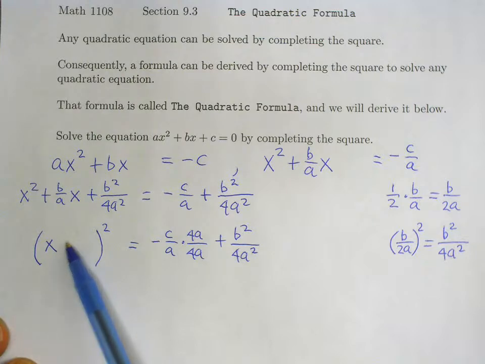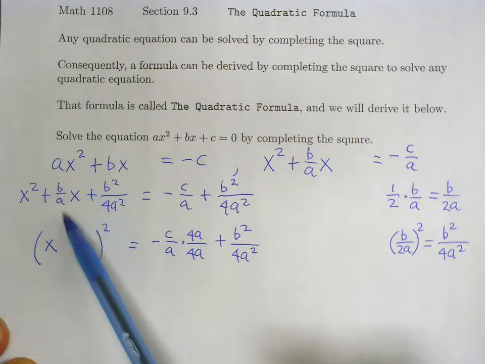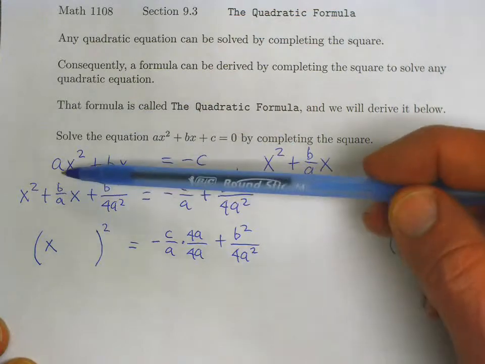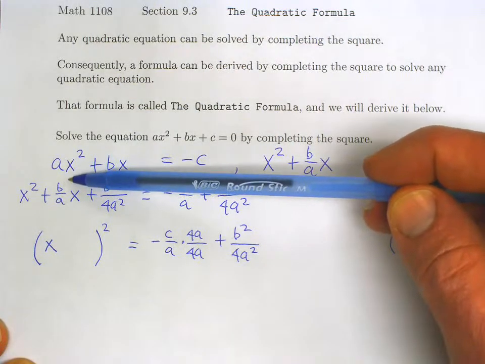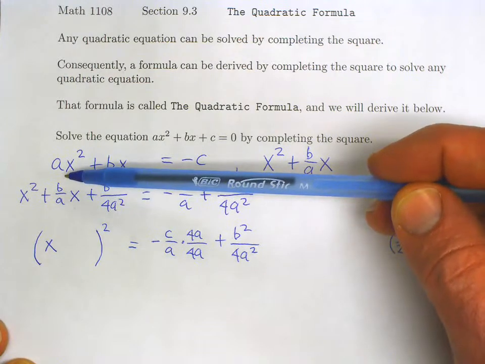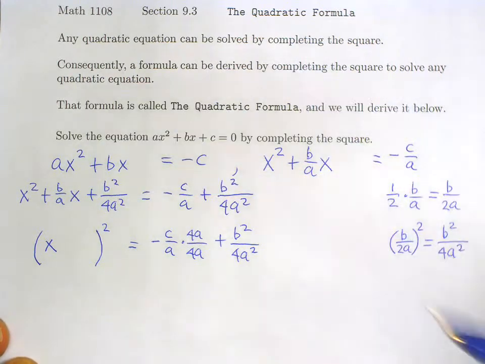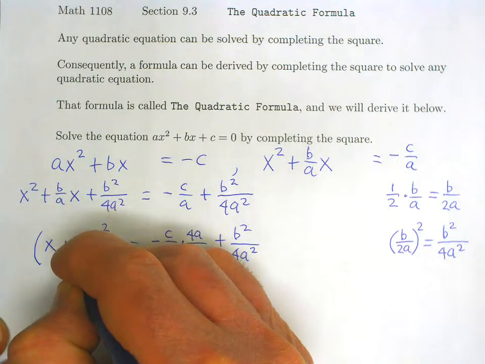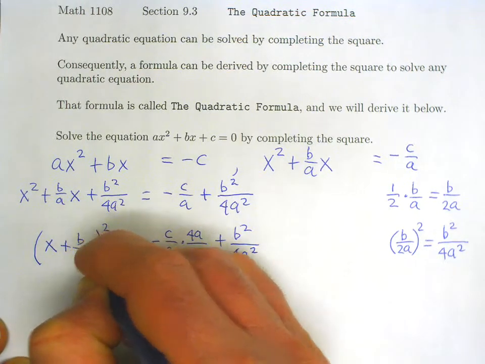The number that follows x is the same number we get when we take 1/2 of the coefficient of x in the trinomial. The coefficient of x in the trinomial is b over a. 1/2 of that is b over 2a. So that means we're going to write plus b over 2a.